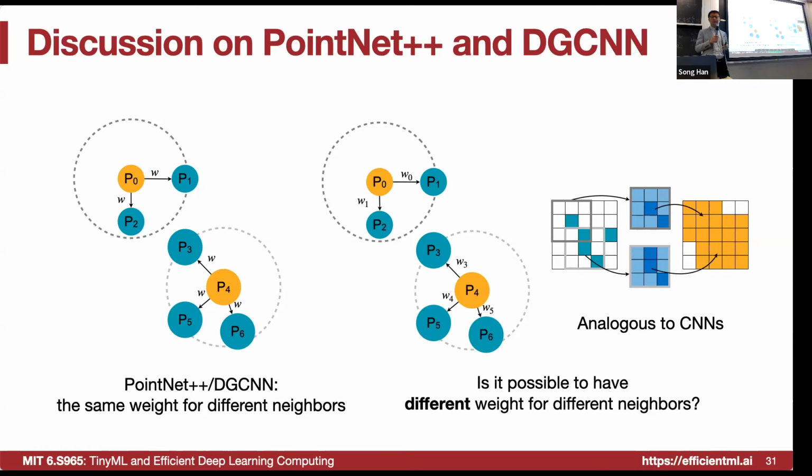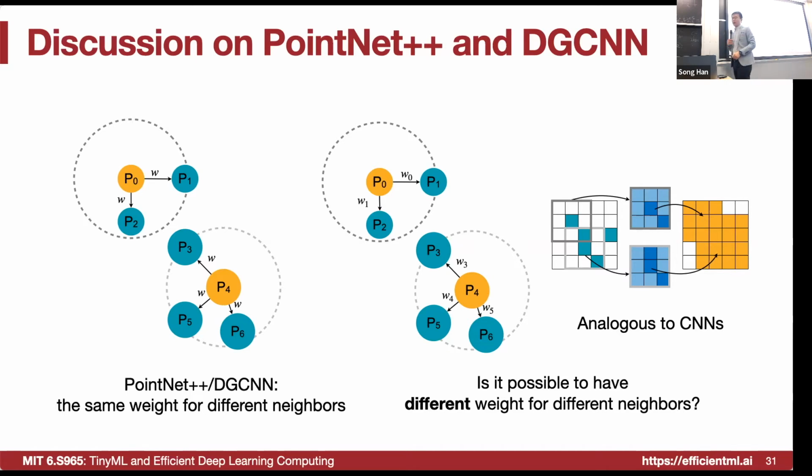But that is quite difficult for 3D since it's not regular. It's hard to determine what is distance, right? What is W minus 1 minus 1? What is W minus 1 plus 1, etc.? So is it possible to use different weights for different neighbors? For this neighbor and this neighbor, apparently one is on the top, one is on the bottom.